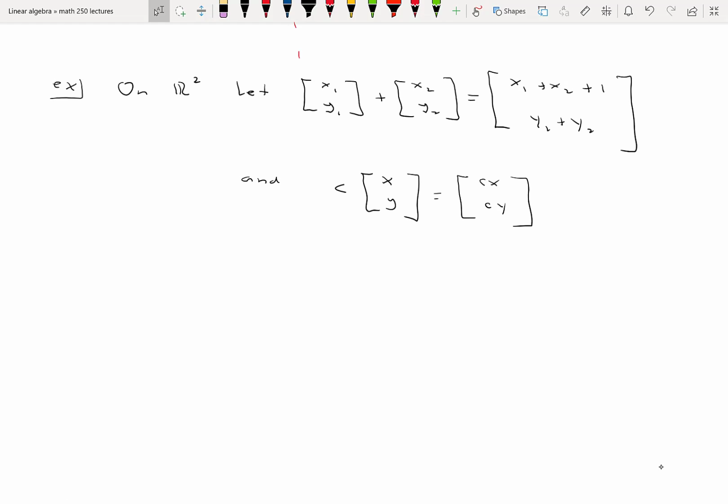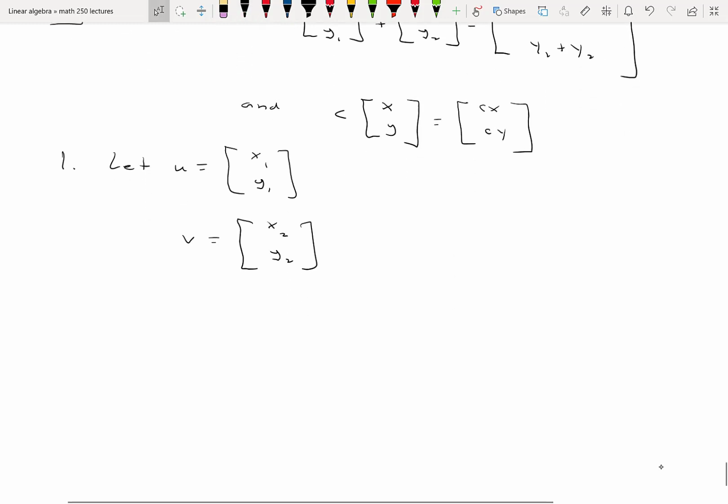Well, let's start from the beginning. Property 1: I need u plus v to equal v plus u. Let u equal the column vector x1, y1, and v equal the column vector x2, y2. I need to determine whether u plus v equals v plus u. u plus v equals x1, y1 plus x2, y2.